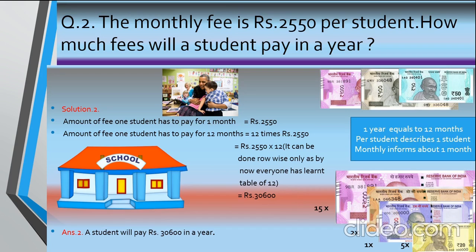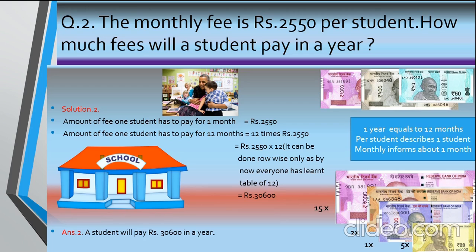But in this sentence, there are two hidden meanings. First, monthly means per month, in 1 month. Second is per student. Per student means for each student, for every student, for one student.